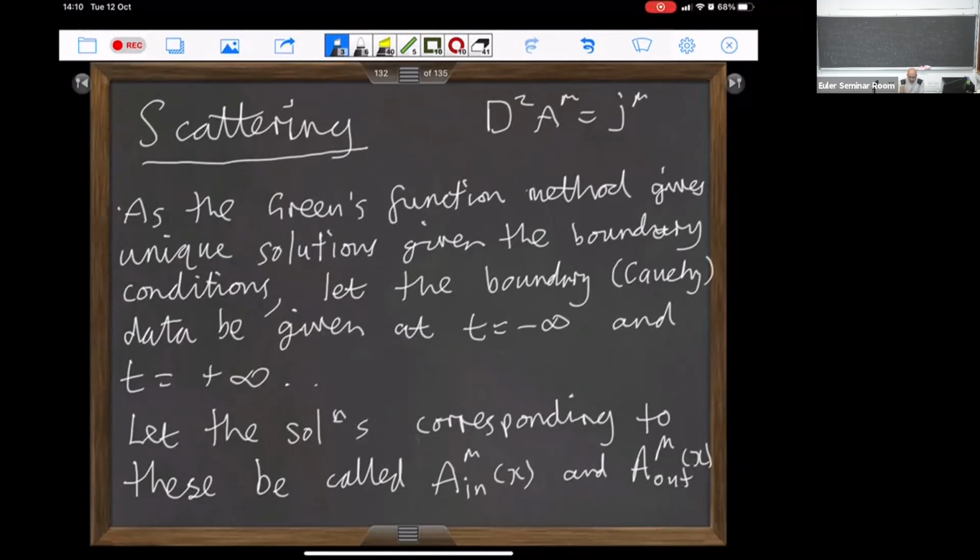The reason we have that terminology is that we're thinking of states coming in from the past and then some interaction happening, which will be due to the source, and then some other states go out at infinity. At this classical level, we're just talking about the initial and final field configuration, but in quantum field theory, these will actually be states, for example, configurations of particles.